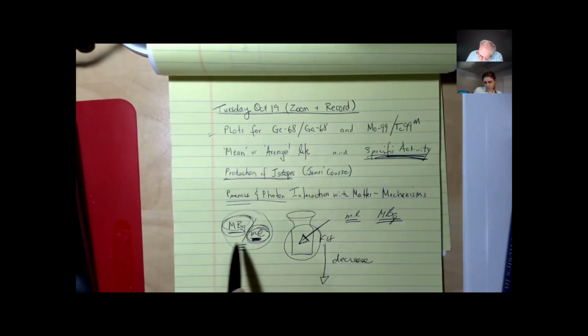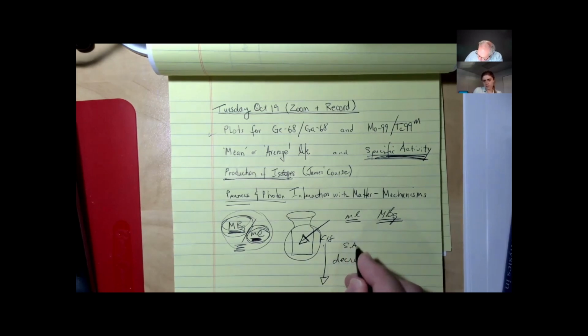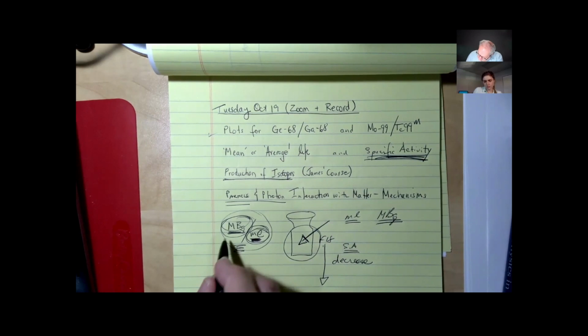And if we didn't drop any F18 on that, the specific activity would also decrease, right?